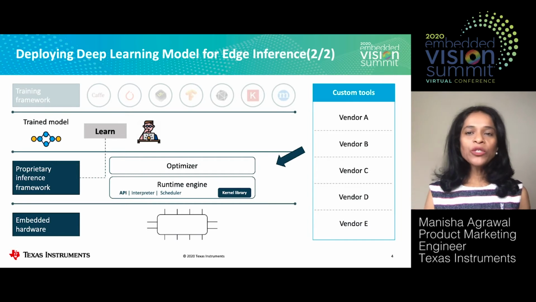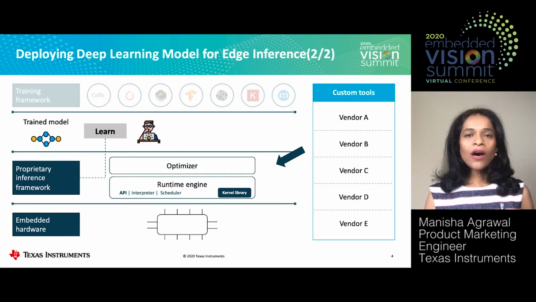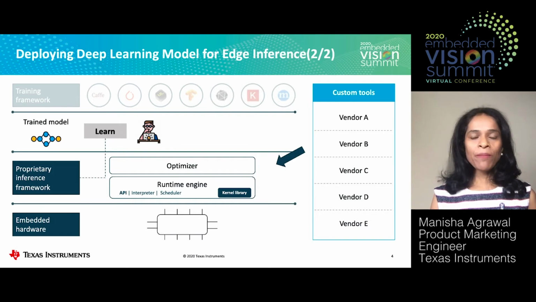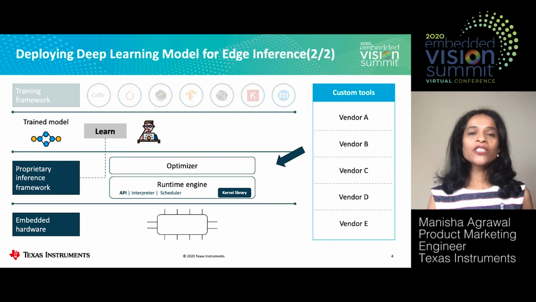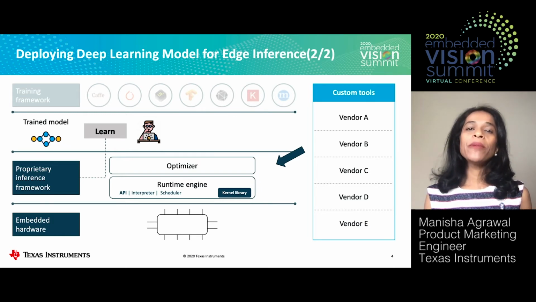So after you have narrowed down on some choices and are ready to deploy your model, very soon you realize that each embedded hardware vendor has their own proprietary inference framework for programming the hardware, and you need to learn the tools before you can even begin the deployment process.